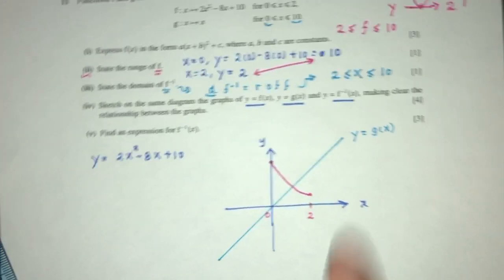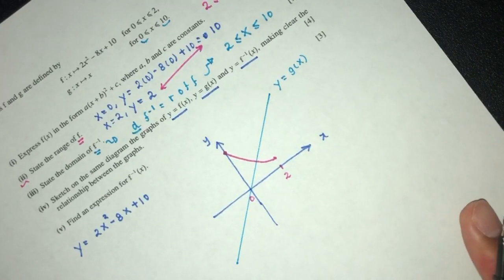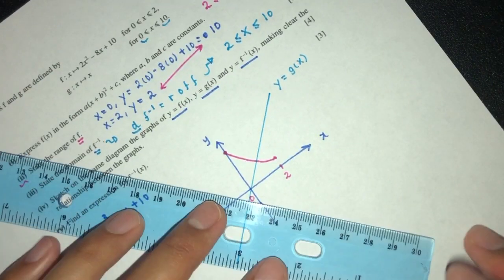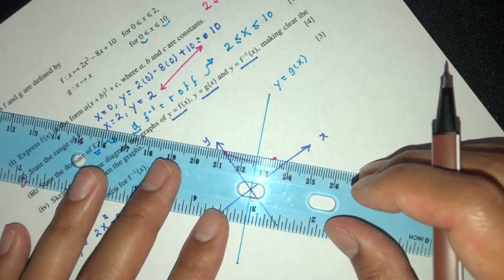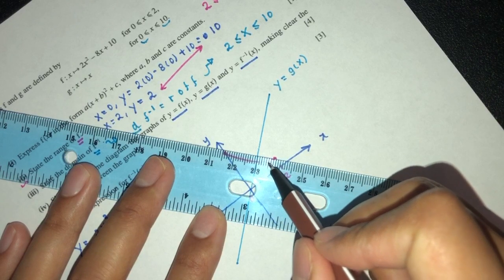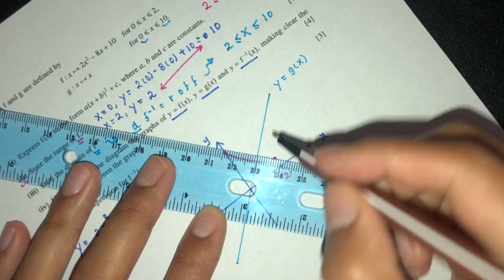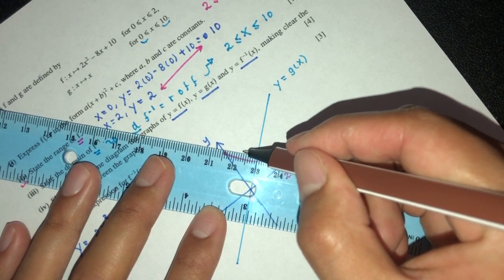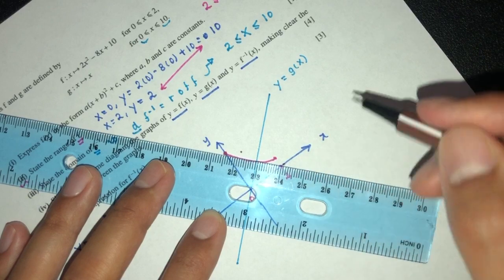And then finally, for f inverse, we understand it is a reflection along this line. So let's try your best. That should be somewhere. So here we have half plus 2. Half plus 2 should be somewhere over here.